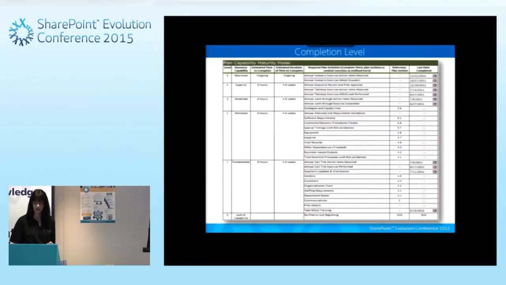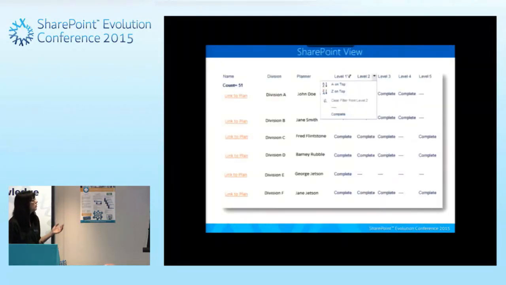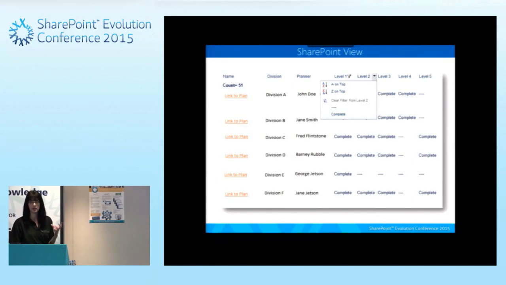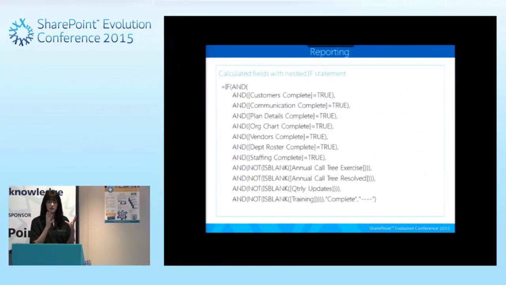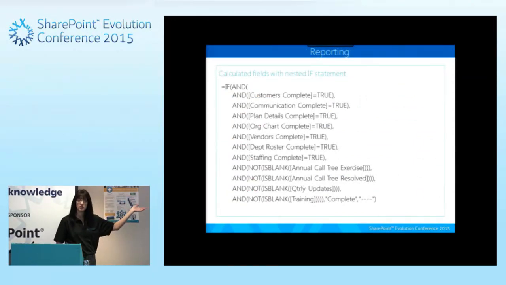Again, this is our list of all of our completions. What date did they fill it out, or have they marked it completed? If it's not an annual requirement, they just could check the checkbox. So in order for us to indicate whether a level was complete or not, we had to build a nested if statement. So it said, if the customer section is completed and it's marked true, and the communication section is completed, and the plan details are complete.